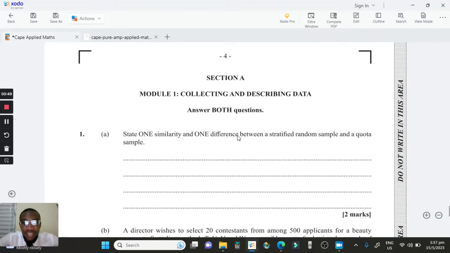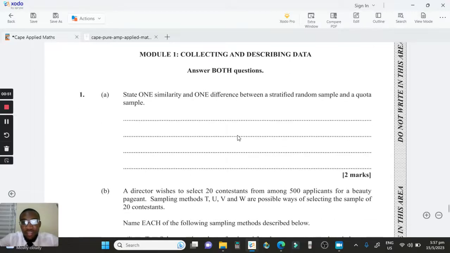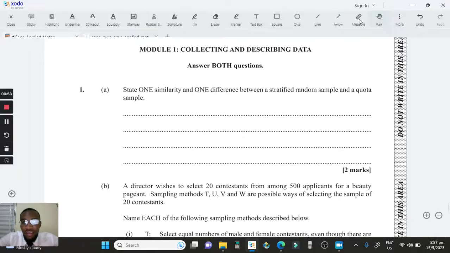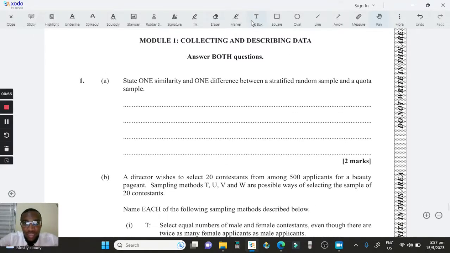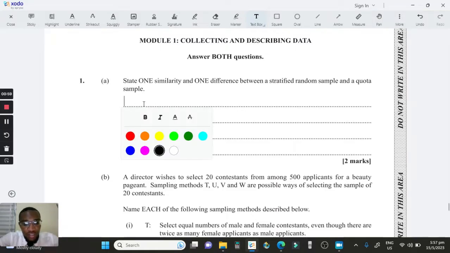It says state one similarity and one difference between stratified random sample and quota sample. First, let's start with the similarity.